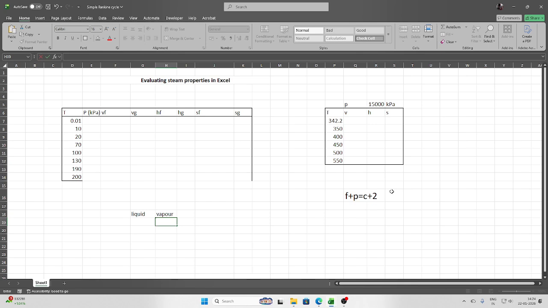That will return F equal to 1. So only one property will be independent. Whereas in the case of superheated steam, you should have two properties to represent a particular state. Why? Because for single phase P becomes 1, C will be 1, so F will be 2. So two properties will be required to specify the state of a substance.